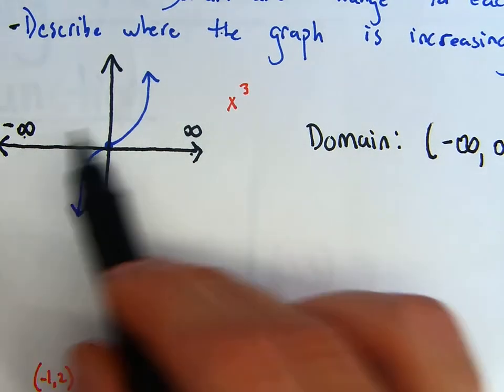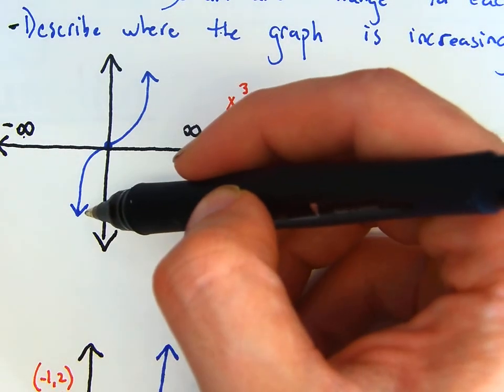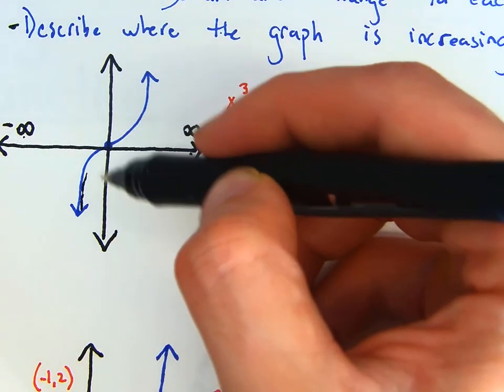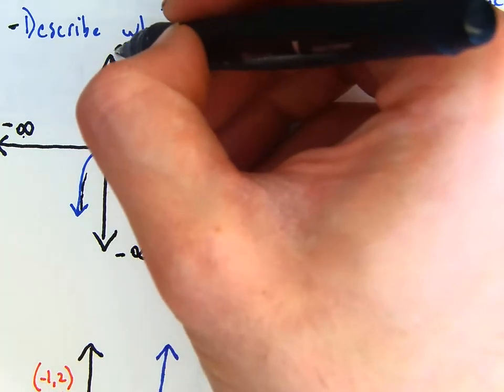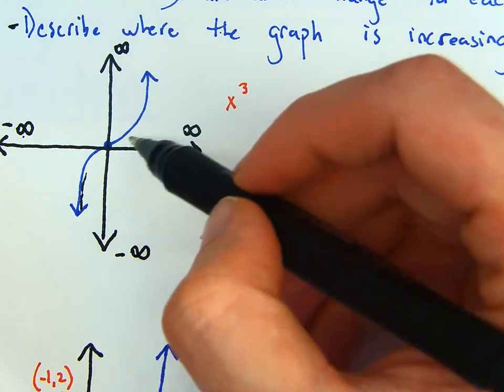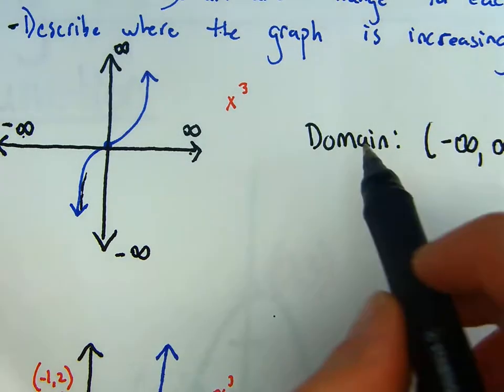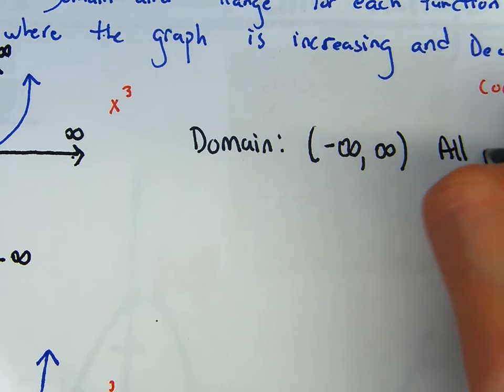And notice that if I could plug in any x value, I could also receive any y value from negative infinity to positive infinity. There are no holes within the graph or any discontinuities. Domain is all real numbers, right?